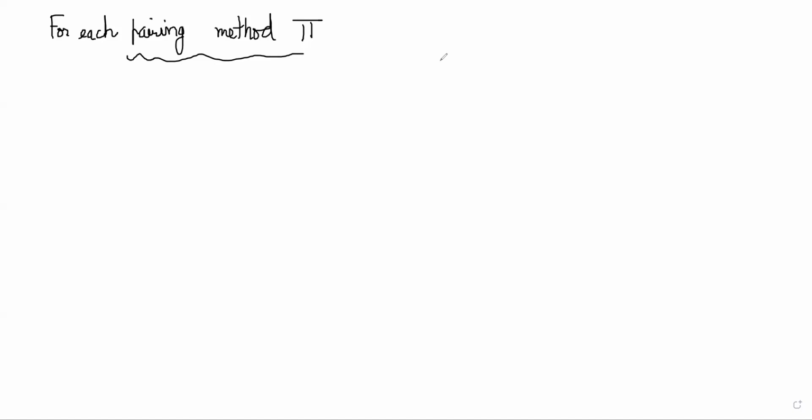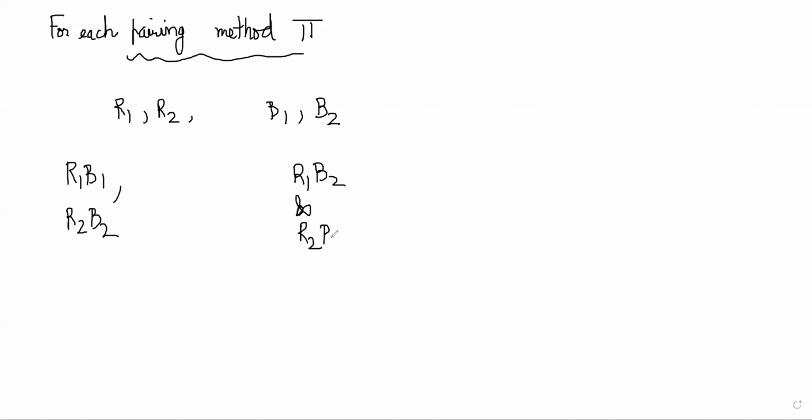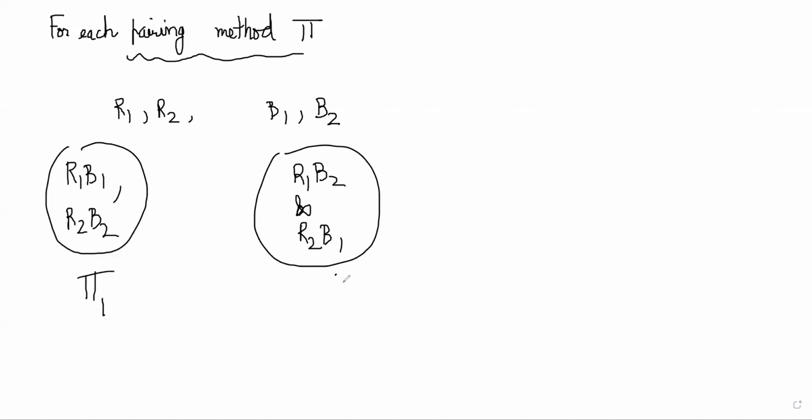Obviously the points are labeled, so there are a finite number of ways to pair them. For example, you have R1, R2, and B1, B2. We can pair them as R1, B1 and R2, B2, or as R1, B2 and R2, B1. So these are the only two pairings possible, pi 1 and pi 2, for 4 points. For 2n points also, there will be a finite number of such pairings possible.